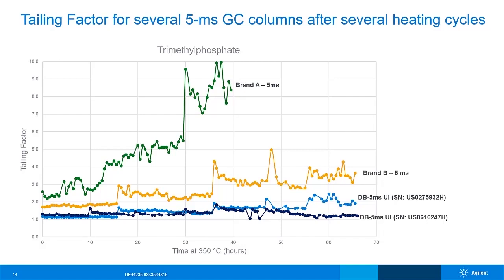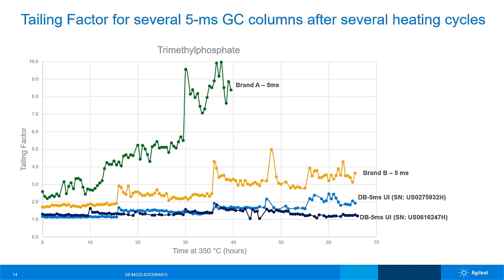And you can see how with DB5MS Ultra Inert, you get very consistent tailing factors over a long period of time. So why is this important to you? Why is this useful? You're obviously not running this type of tailing factor as part of a fundamental study of your GC column behavior, but it just translates into a better column lifetime, into enhanced performance out of your column, and not just out of the box, but for several months and several injections and several analyses.